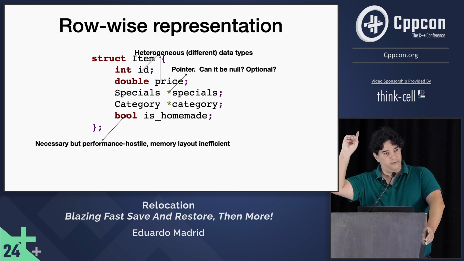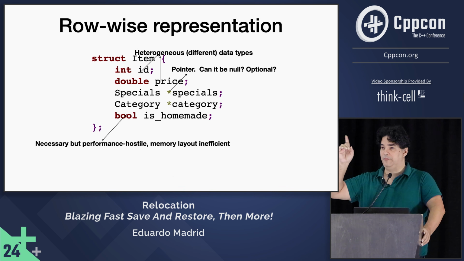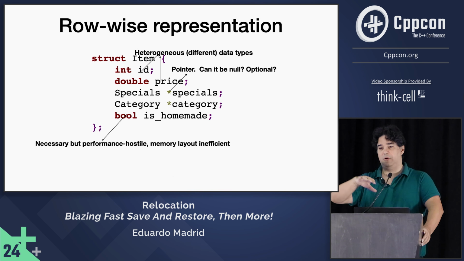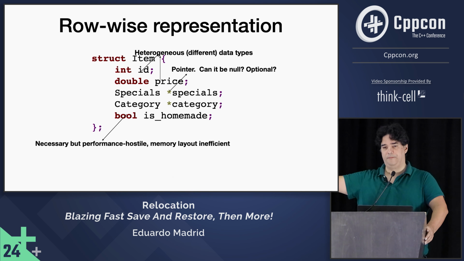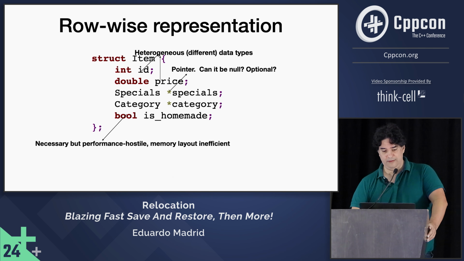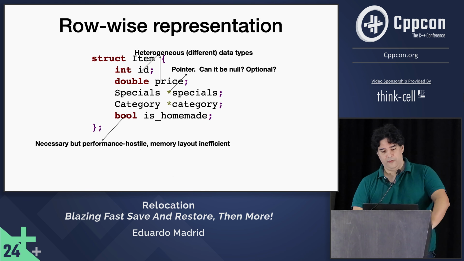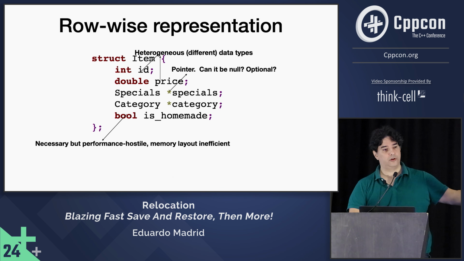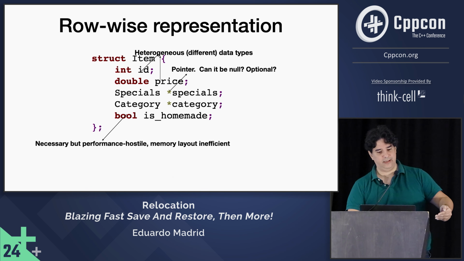So the very first thing that we have to bear in mind is to attempt to evolve from heterogeneous collections of data towards homogeneous collections of data. And this is commonly called evolving from the normal representation into a structure of arrays of homogeneous data.